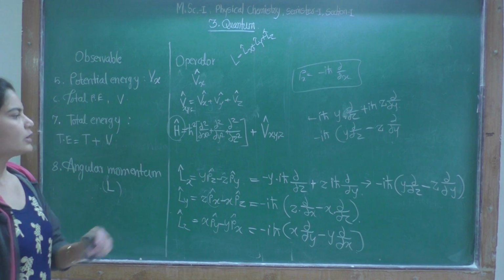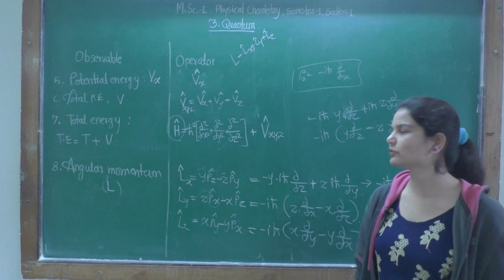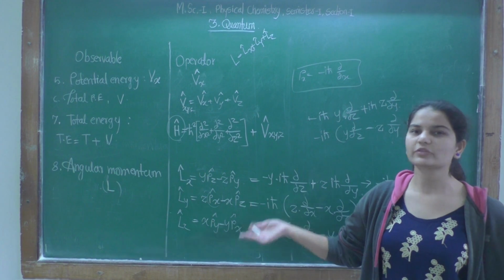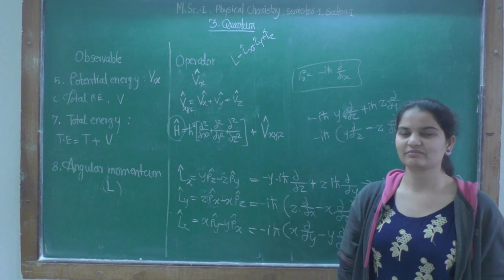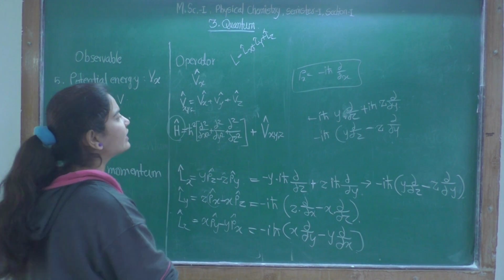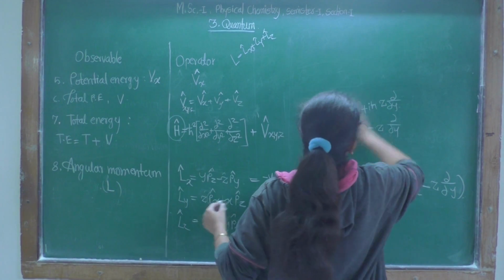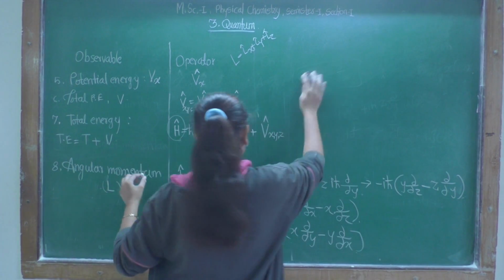That's it. You will think that we have to do this much long derivation for the angular momentum operator, but there is no such need. We can remember it with a simple trick. Let's see the trick.